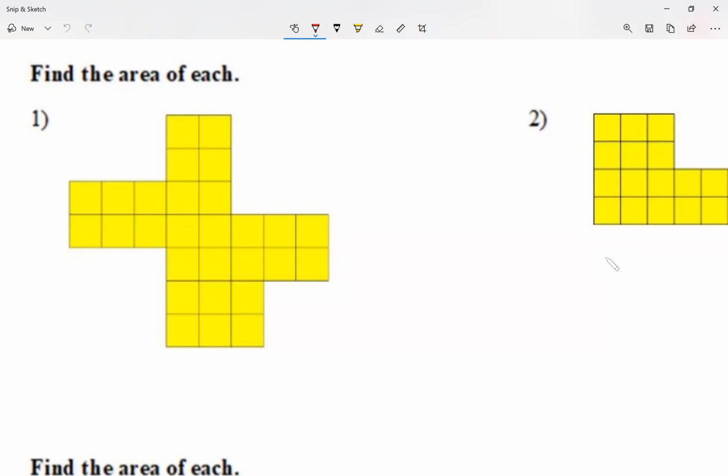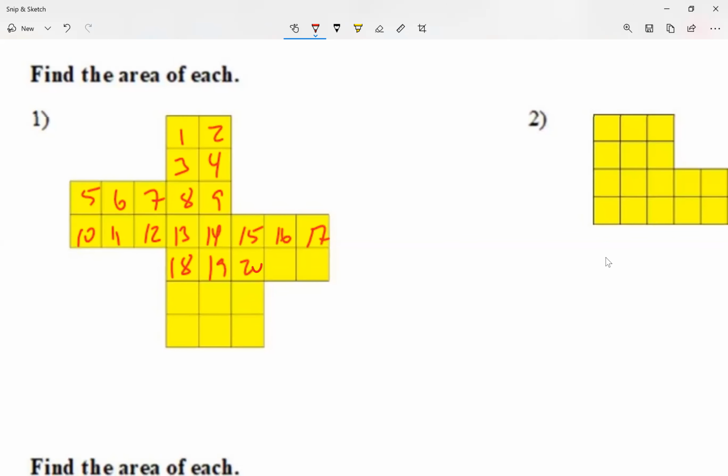Like looking at this question number 1, I have, let's see, 1, 2, 3, 4, 5, 6, 7, 8, 9, 10, 11, 12, 13, 14, 15, 16, 17, 18, 19, 20, 21, 22, 23, 24, 25, 26, 27, and 28.